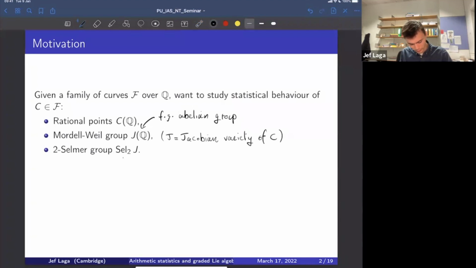So if you haven't seen the definition of these things, or don't remember, it suffices to know for this talk that this is a finite dimensional F2 vector space. It's defined inside some sort of Galois cohomology of the 2-torsion of J, and it's defined by local conditions.